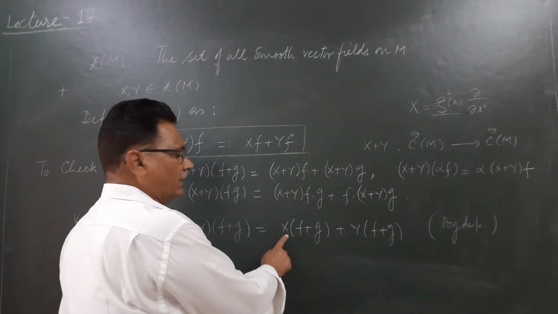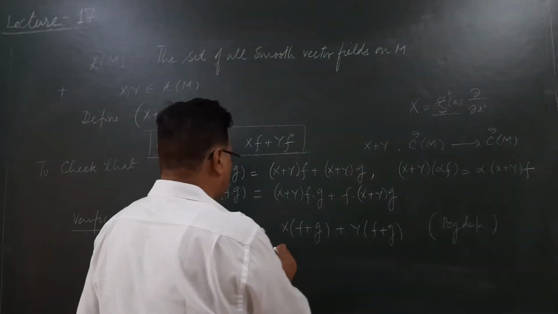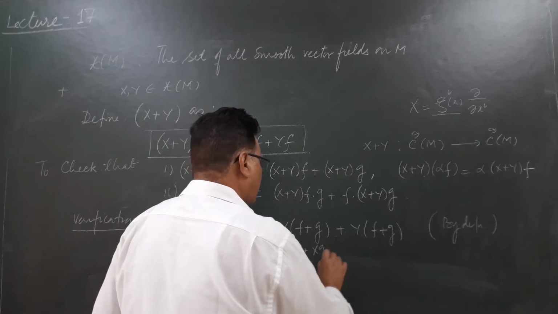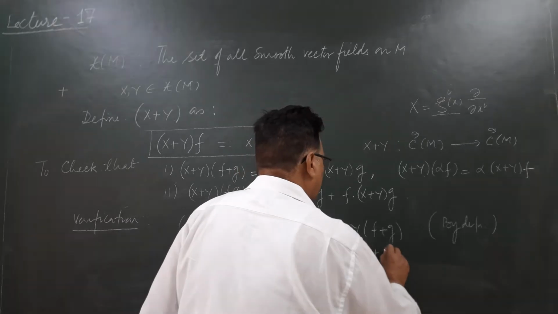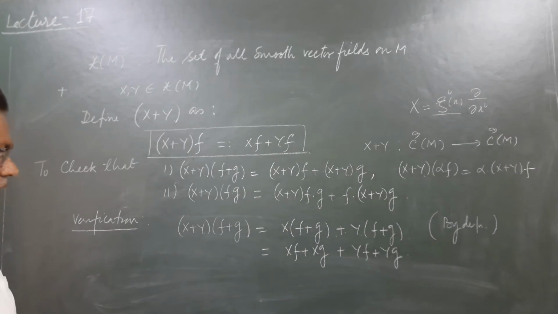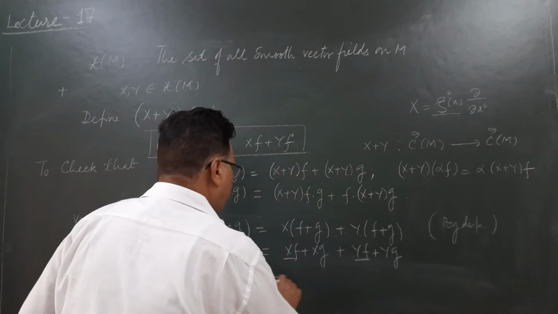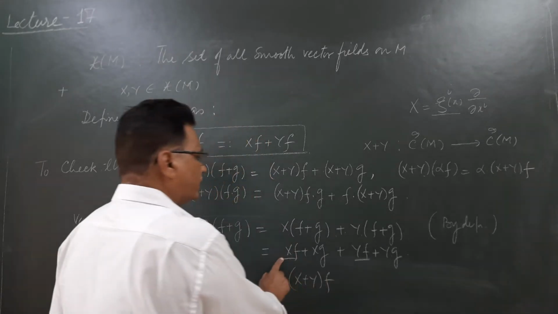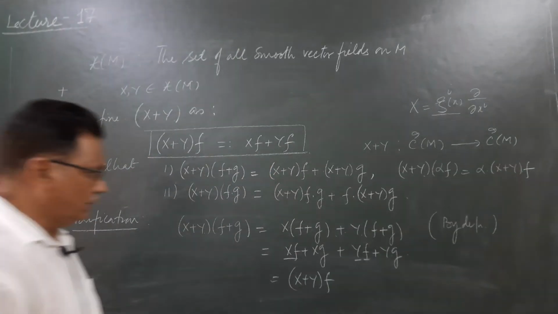Now here we know that x is a vector field. It satisfies the linear condition. So it will become xf plus xg. Same thing with y. It will satisfy linearity. Now if I take the first and the third term together, it will give me x plus y operating on f: xf plus yf is equal to x plus y f.